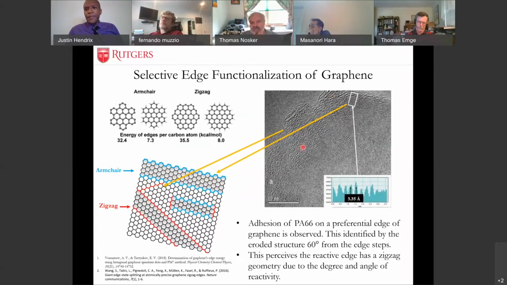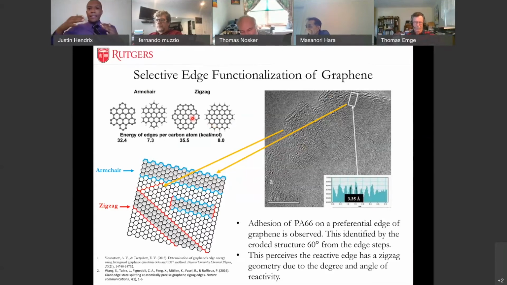That got me thinking, what does this mean? It's 60 degrees and graphene is hexagonal, so it should tell us something about the structure. In doing a literature review and really taking a step back, I thought about in this paper that we know graphene has different edge structures, one being armchair and the other being zigzag.